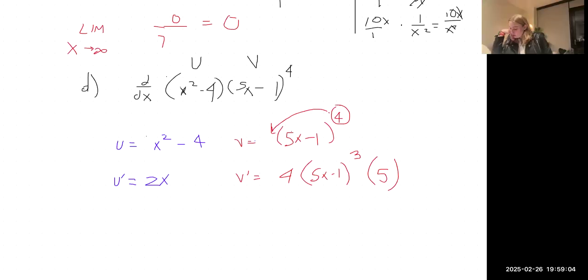So now it's a constant, the rule that we're about to use, without looking at my notes, is u prime times v or v prime times u first. It doesn't matter.